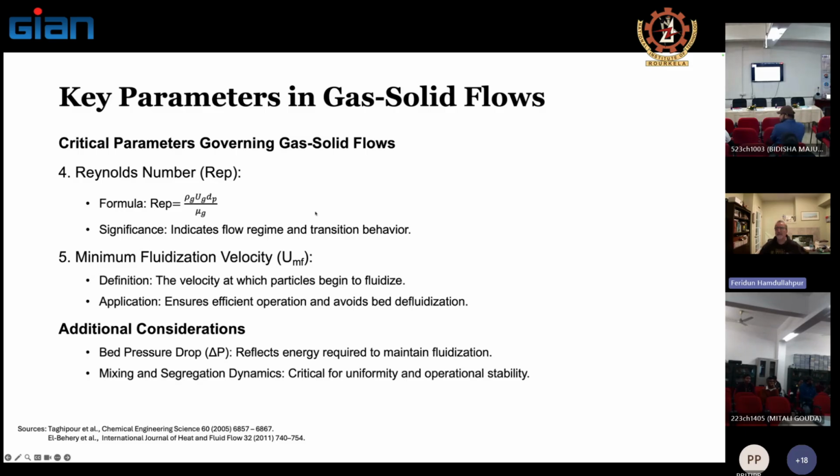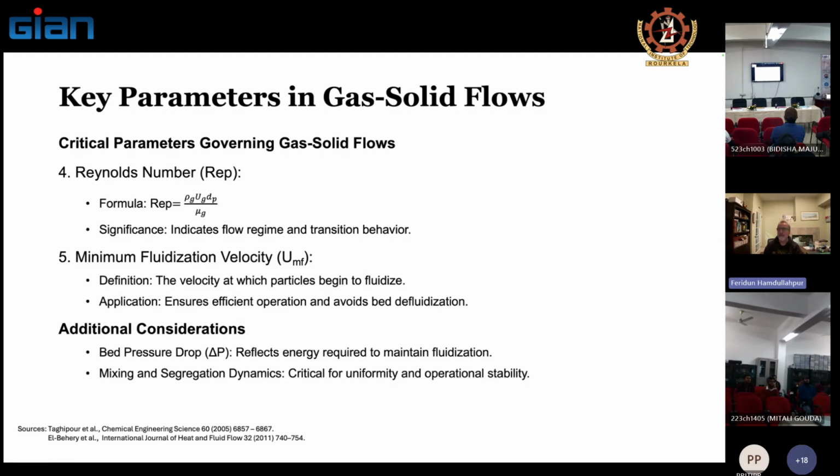If we are defining Reynolds number in a pipe flow, it's the diameter of the pipe, but in this case, it is the diameter or average diameter of the particle. But all other properties, density of gas, superficial gas velocity, and viscosity, are all for the gas, of course.